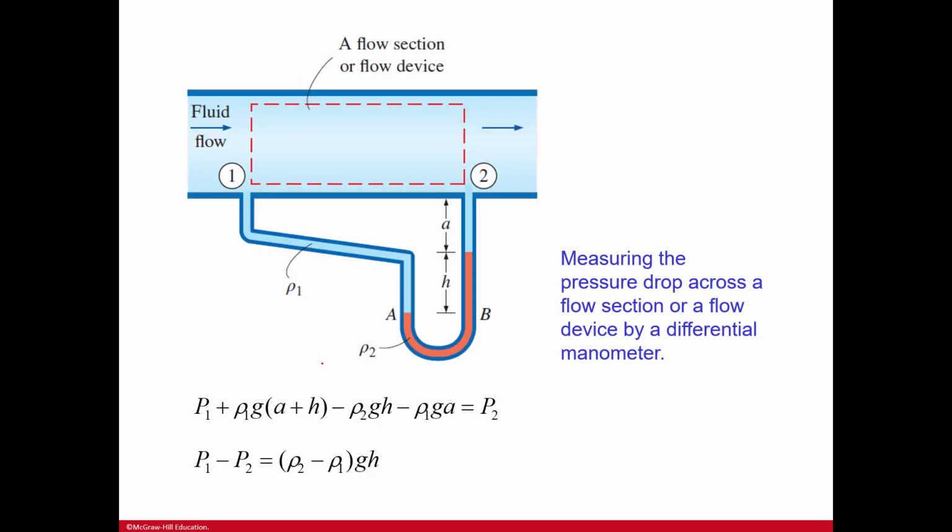Pressure at state 1. Here we are measuring the pressure drop across a flow section or a flow device with a differential manometer, so it takes a difference. You see a single inlet and a single outlet with a return, with 1 here and 2 here.